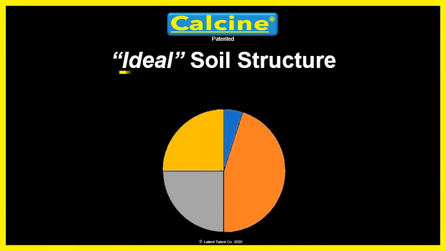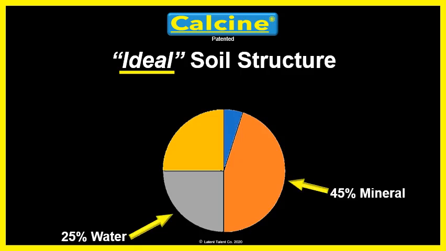Textbooks often describe ideal soil structure. While it never seems to exist in nature, it goes something like this: 45% mineral, 25% water, 25% air, and 5% organic.